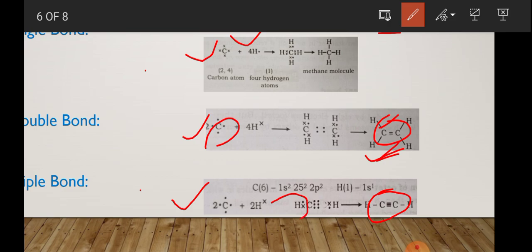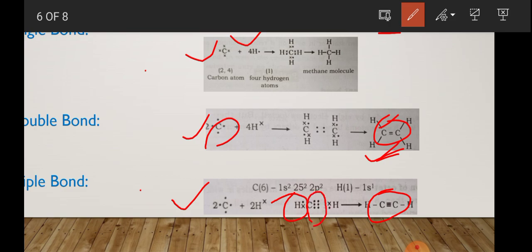Here, one valence electron of carbon shares with one electron of a hydrogen atom, and the other 3 valencies of carbon are satisfied by forming a triple bond. Look here.